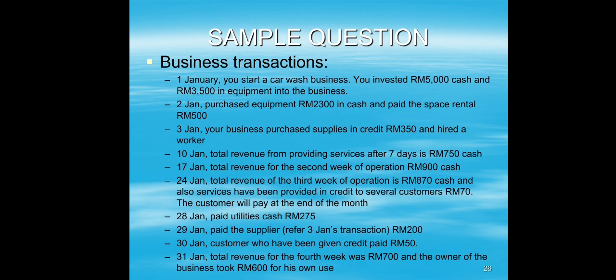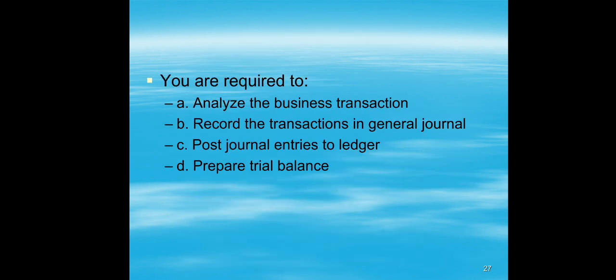Okay, this is the sample question. I will prepare a video for this sample question. In it, you will see how to do the first 4 steps in the accounting cycle, which is to do the analysis, and then to record the transaction in the journal, and then to prepare the ledger, and then to prepare a trial balance.